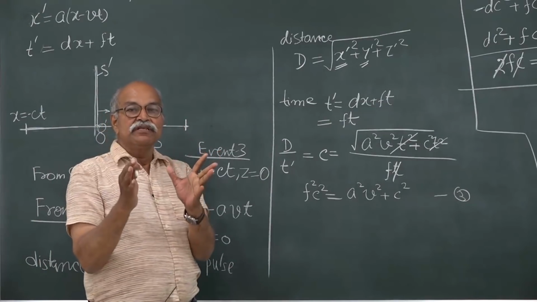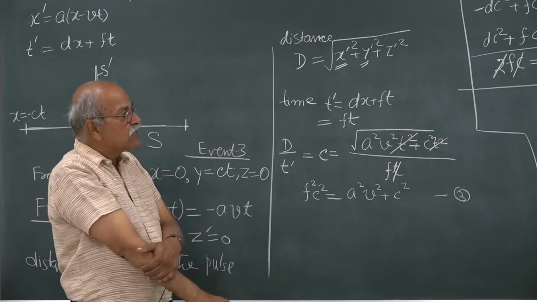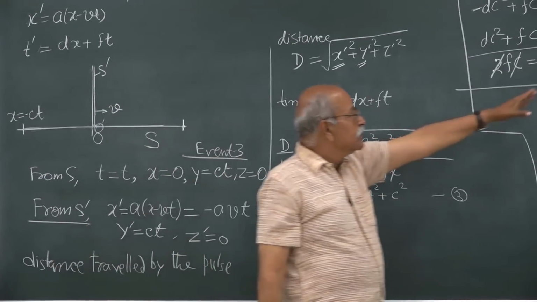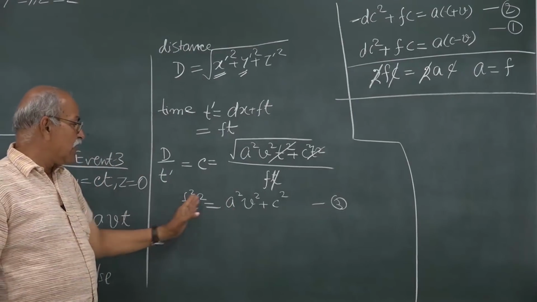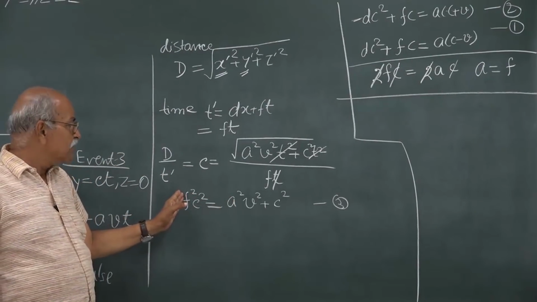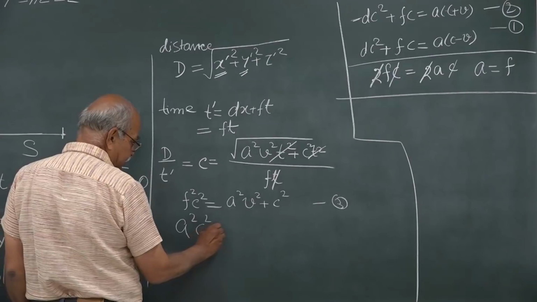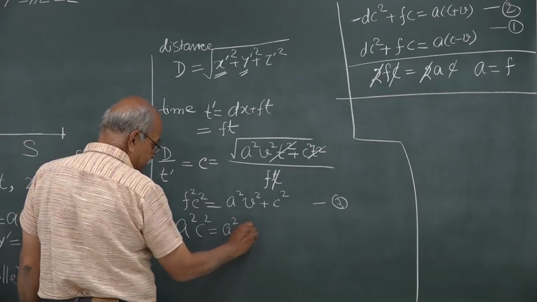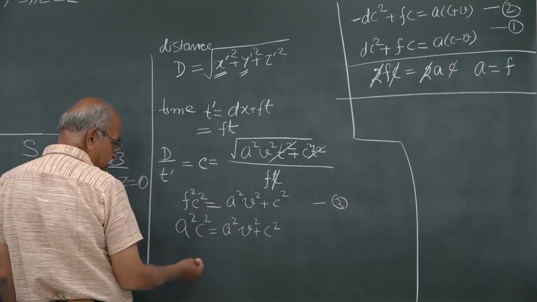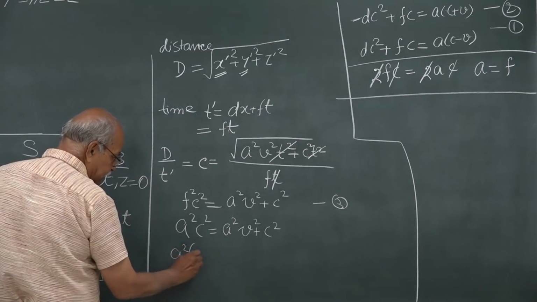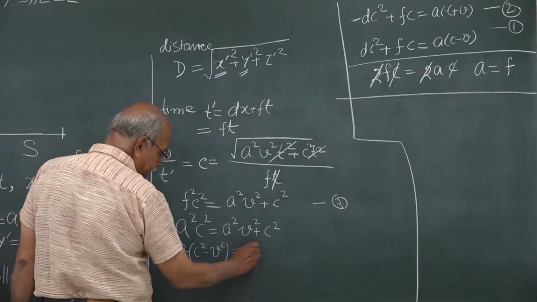So, we had 3 unknowns, we have 3 equations, we have also partially solved the first and second equation, and from there we have gotten A is equal to F. So, I can use it here, A is equal to F. So, in place of F I can write A. So, it is A square C square is equal to A square V square plus C square, and take this on the left, A square common, C square minus V square, and that is equal to C square.